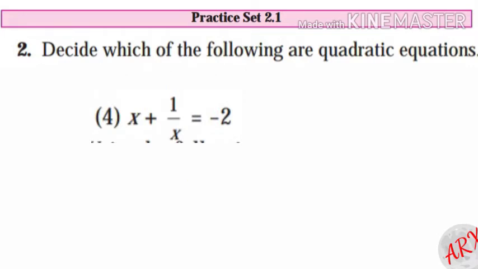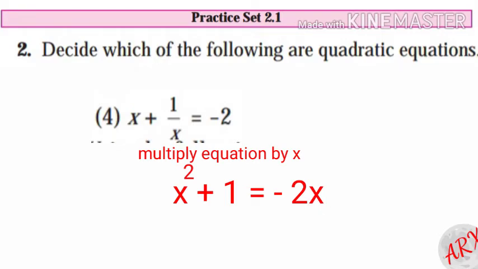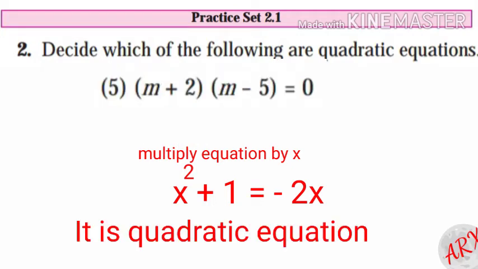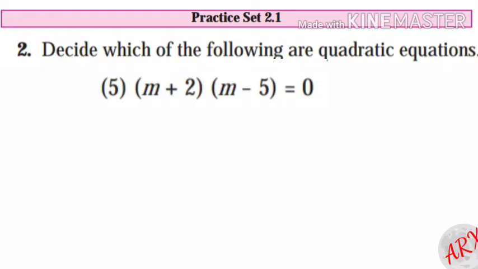Now 4. X plus 1 upon x equal to minus 2. Again here we will solve the equation. Multiply equation by x. So we will get x square plus 1 equal to minus 2x. Here index of variable is 2. Hence it is quadratic equation. Fifth, m plus 2 in bracket multiply m minus 5 equal to 0.